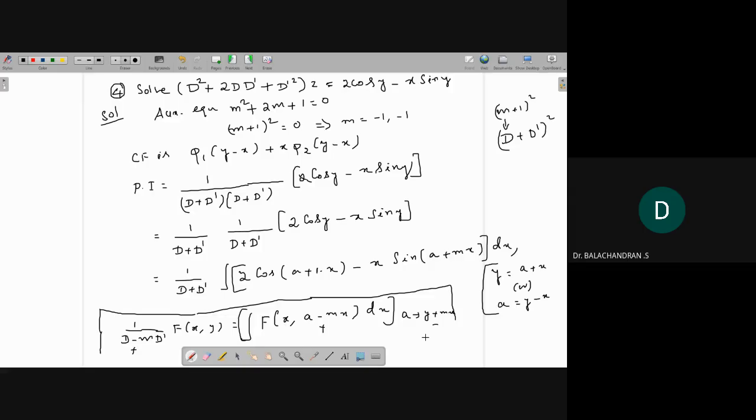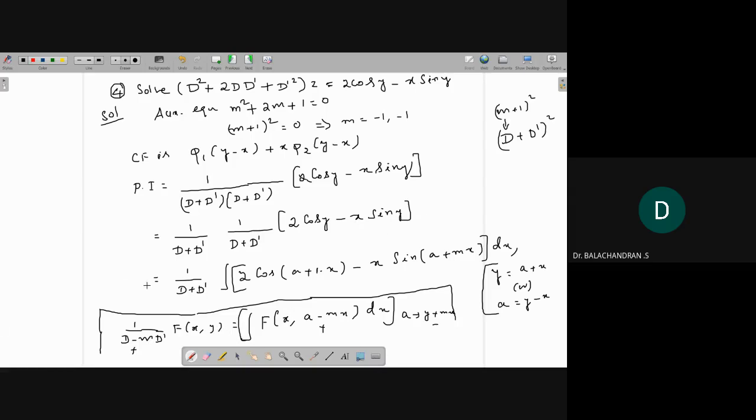That is the only change. Now, you should write 1 by (D plus D dash) into 1 by (D plus D dash) of 2 cos y minus x sin y. Now suppose you forgot the formula.